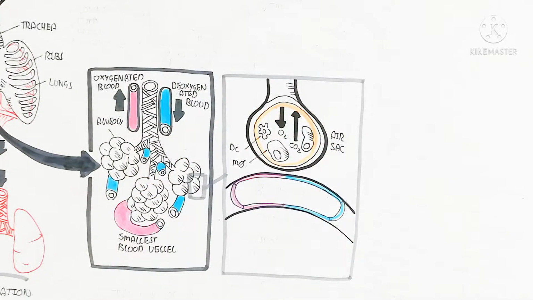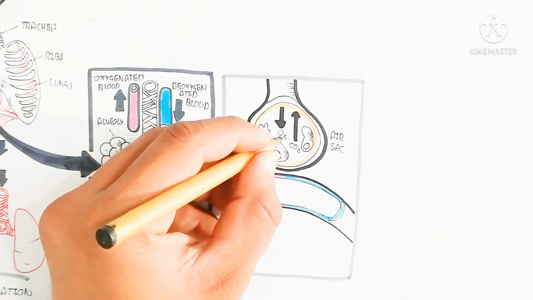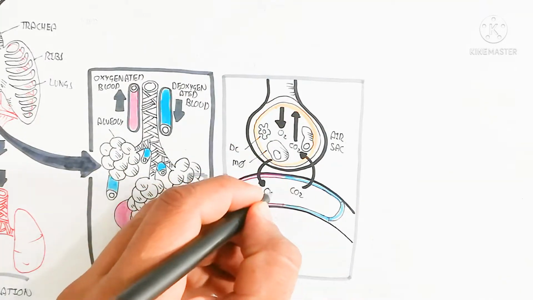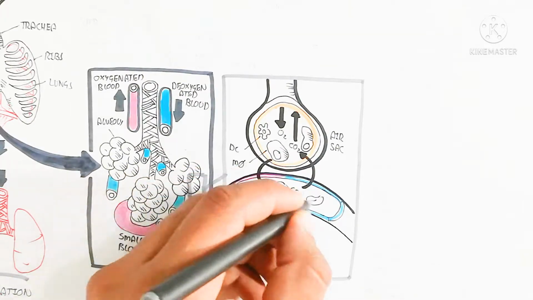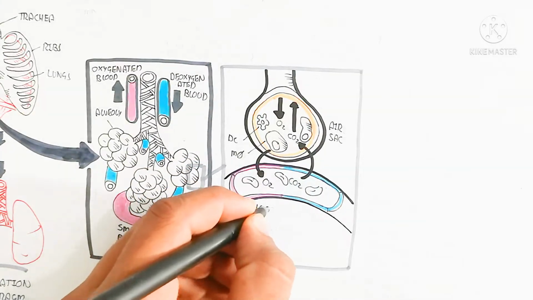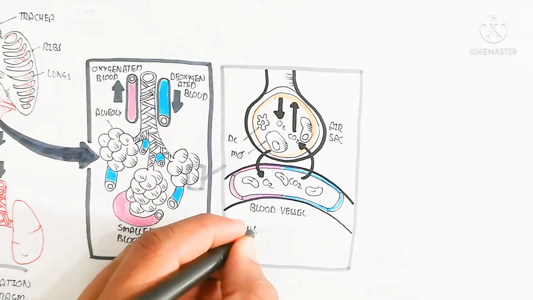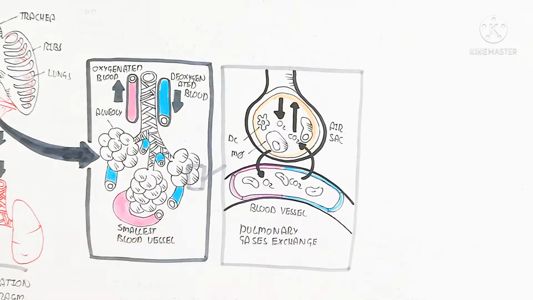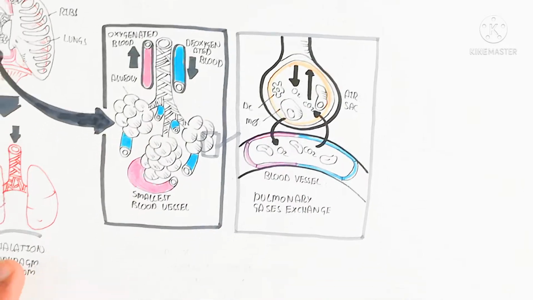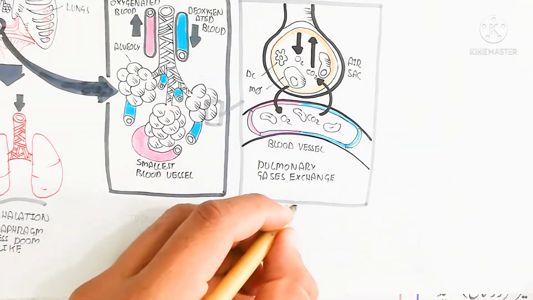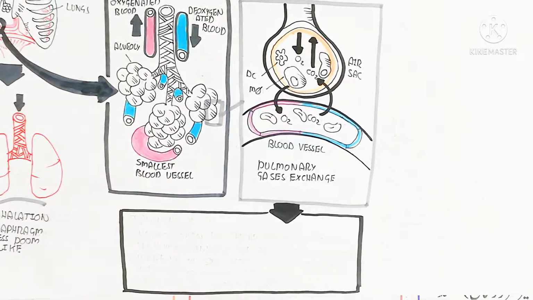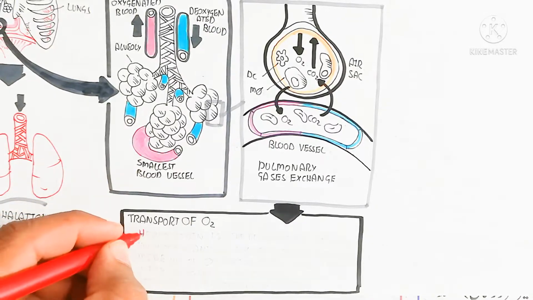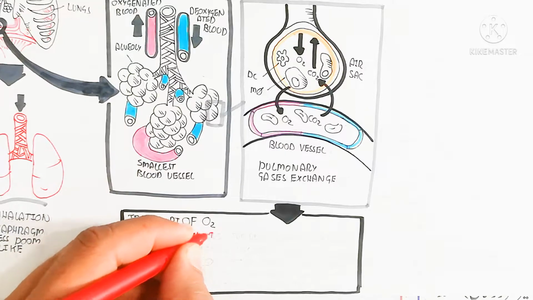The oxygen and carbon dioxide are exchanged from the alveolar sac. An important thing to understand is that the macrophage and dendritic cell provide barrier immunity, and the orange color shows the surfactants, and the macrophage is used for killing pathogens when inhaled.